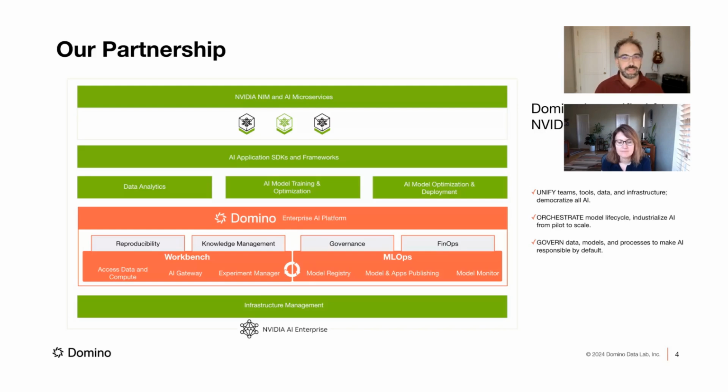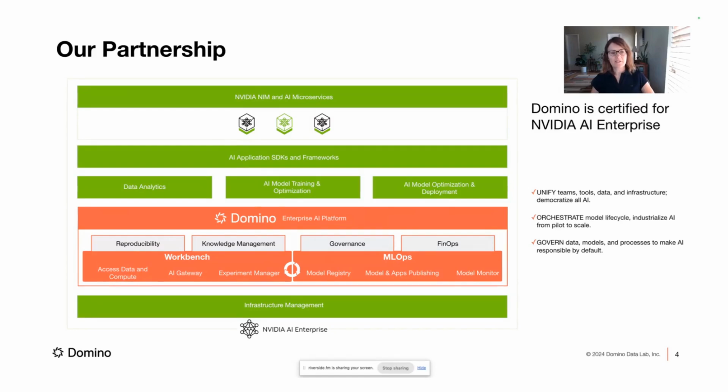And now I'll let Etta expand a little bit more on what that means. Thanks, Josh. NVIDIA Enterprise AI Platform provides an end-to-end full-stack solution with enterprise-level reliability and security for AI productionalization. At a high level, let's go over each layer.